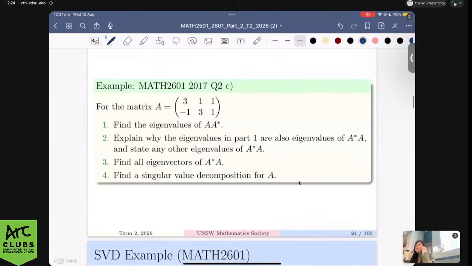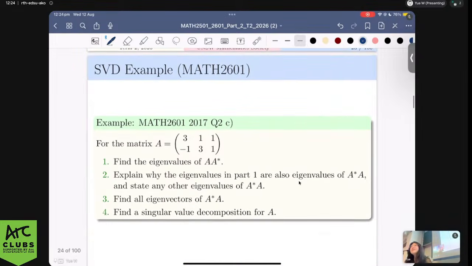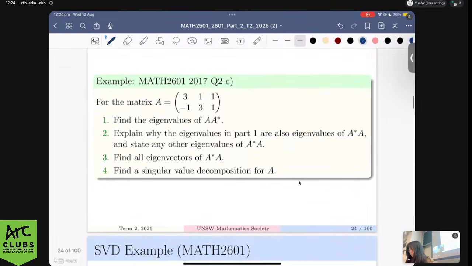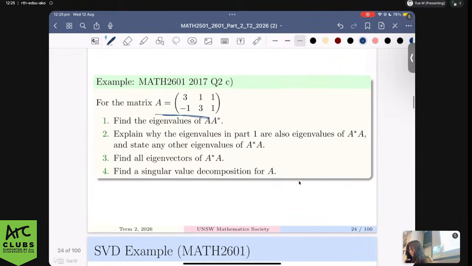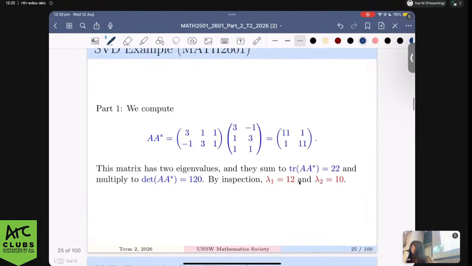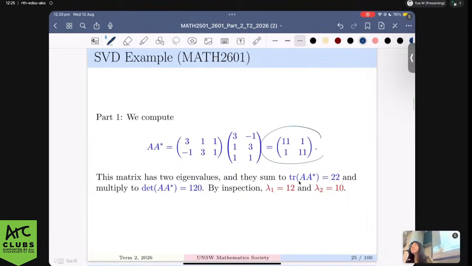Once again, these theories are easily demonstrated in an example. First consider some matrix A like this one. This question is nice because it guides you into finding the SVD. The first step is to find the eigenvalues of A A adjoint. I've written it out, but you should be able to get this matrix at the end.